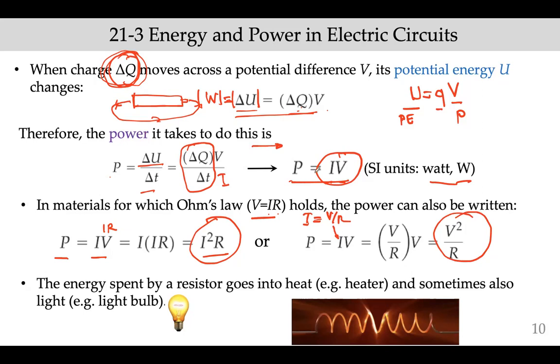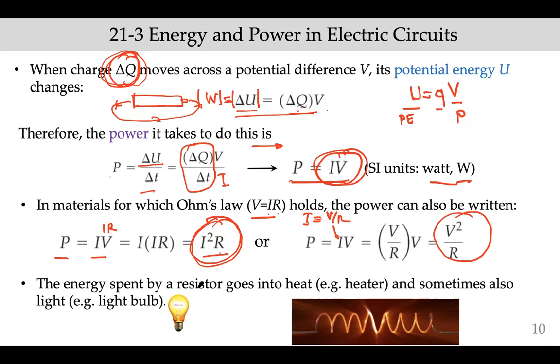You can use any of these depending on the situation. For example, if R and I are given, it will be quicker to use this one. But if resistance is not given, then instead of using these two, it will be quicker to use this one.